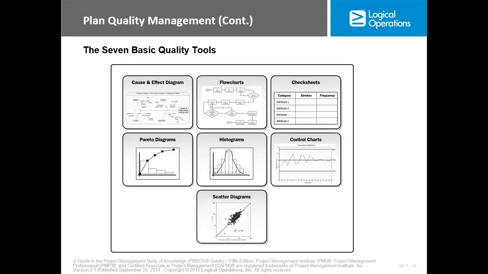Now, the Pareto diagram talks about the 80/20 rule. The 80/20 rule actually started as an economic policy that states that 20% of the population of a country controls 80% of the wealth of that nation, okay? While the remaining 80% of the population controls 20% of that country's wealth.